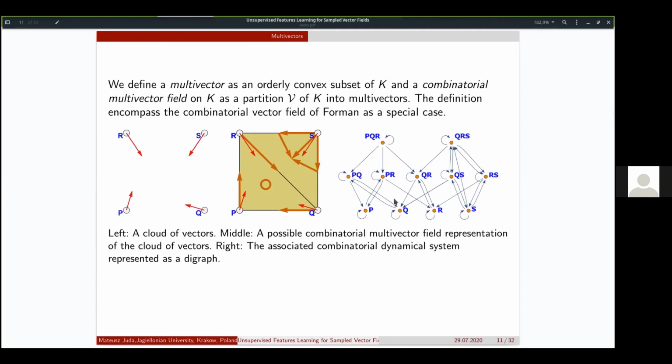How can we now interpret topologically this additional arrow from the middle picture? In terms of partially ordered set theory, it means that we need to make the set convex, the set S, QRS. It means that we need to add also the edges QS and RS.